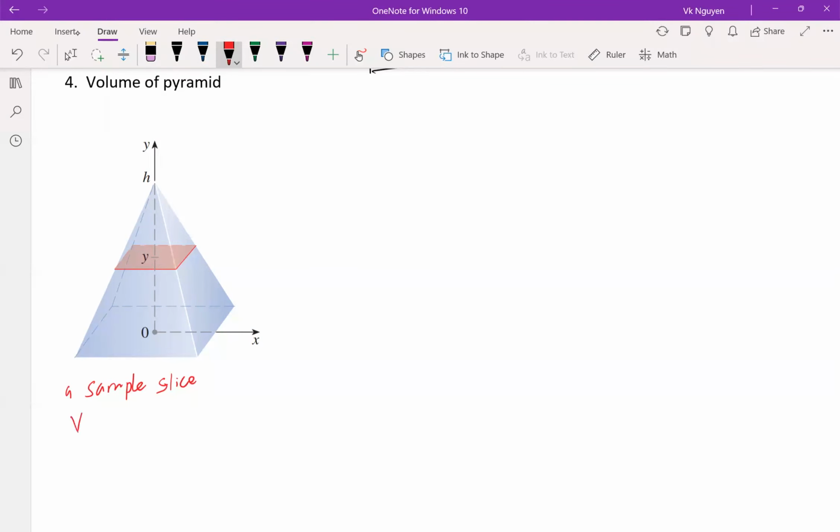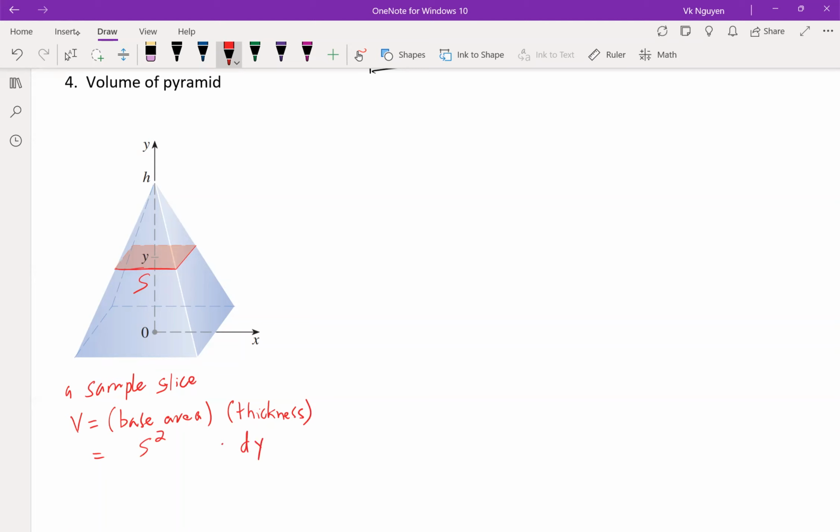It has volume of, well, as you can see, base area times thickness. And the base area is, okay, we can let this side be S here. So S square, thickness is just a small change in y, so dy.